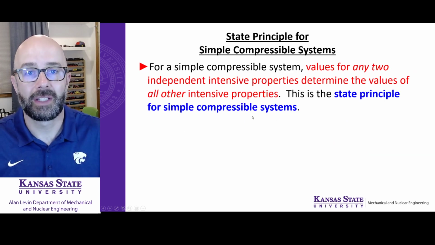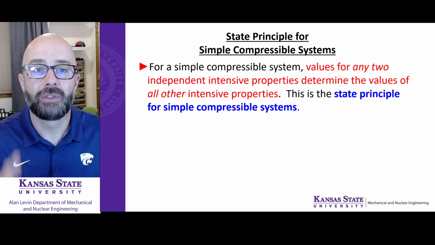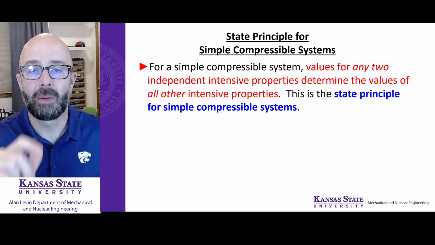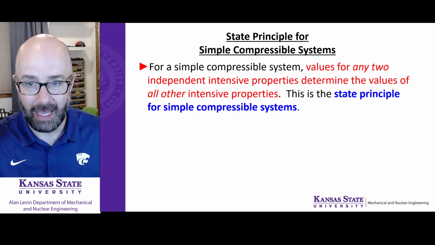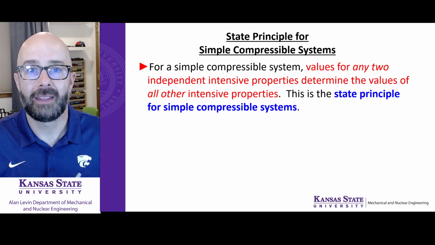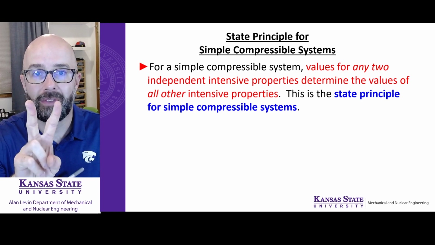Now, here's the kicker. For a simple compressible system, values for any two independent intensive properties determine the values for everything else. This is the state principle. When I say in this class, set the state, you are going to look for two pieces of information.